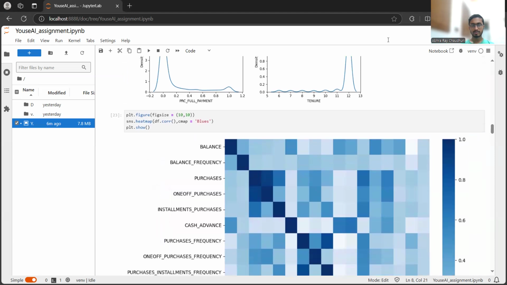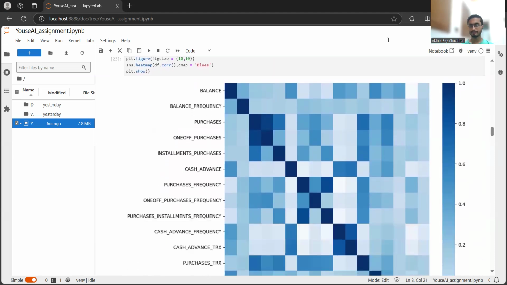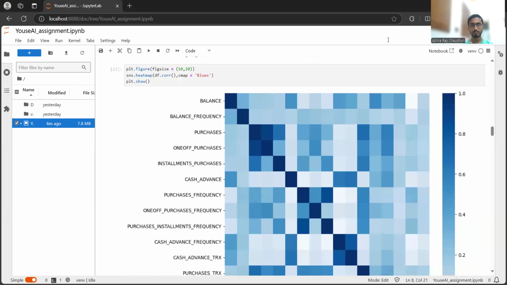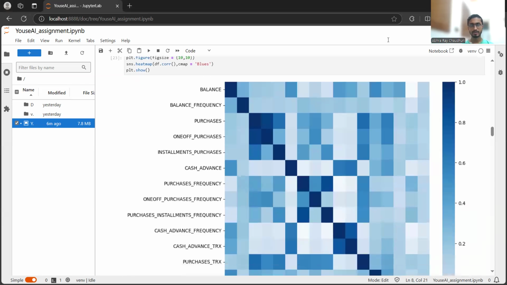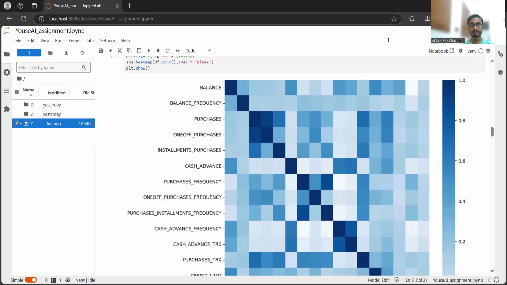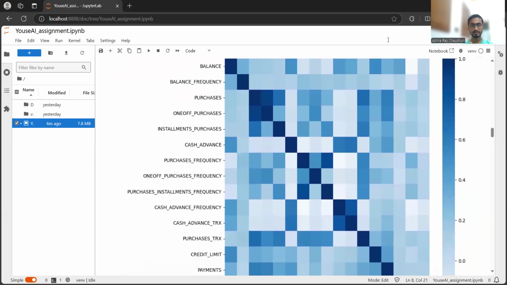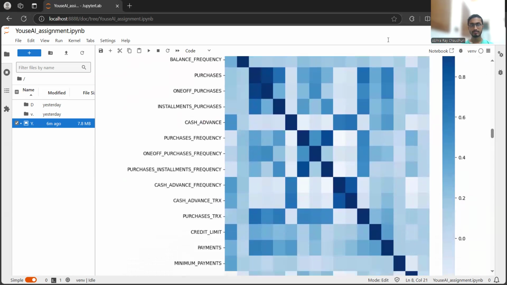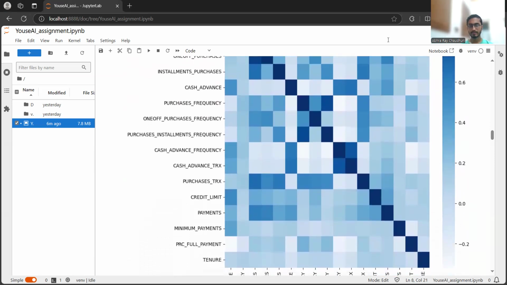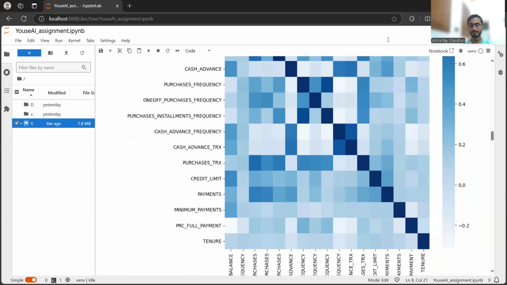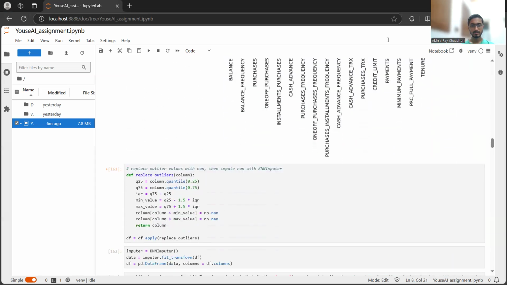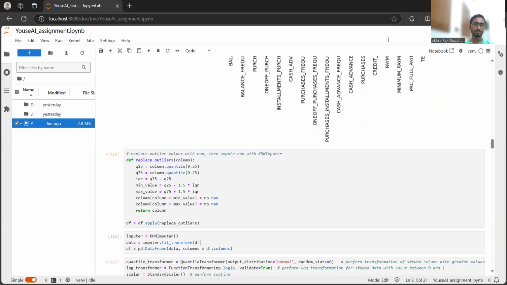First we see the correlation in various columns. In the correlation plot, we find that purchase frequency and different purchases, like one-off or installments, are correlated among each other. So first we remove the outliers.